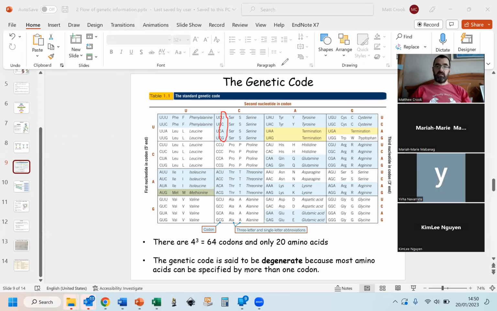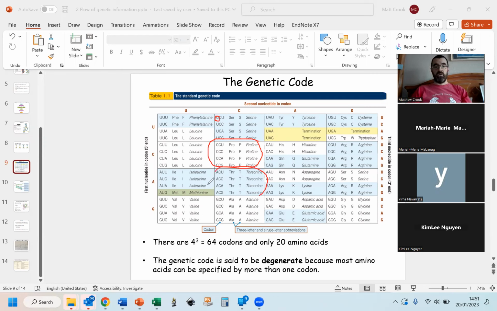Now, if by random chance the first letter, the U, changed, now you've got proline or threonine or alanine, depending on what that letter was changed to.